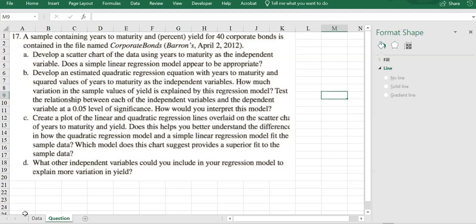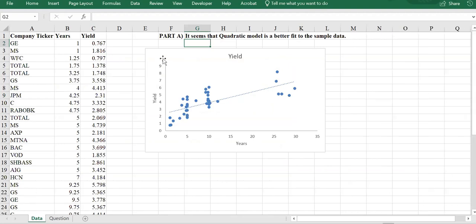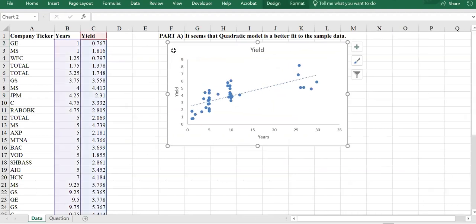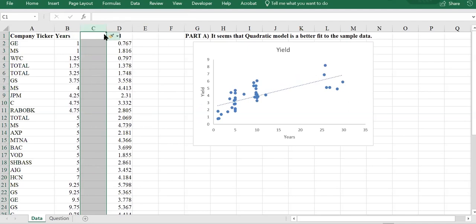Going back to the data tab, for part B, I have X and Y, and now I need an X squared. I insert a column right between these two and call it years squared.